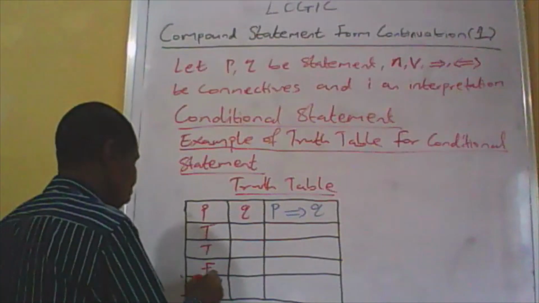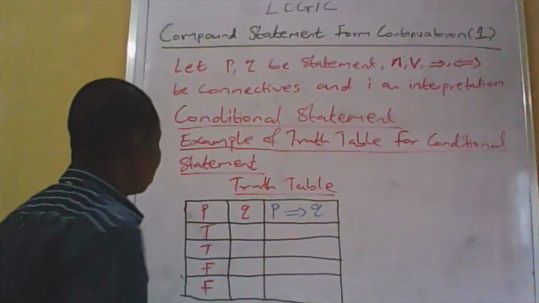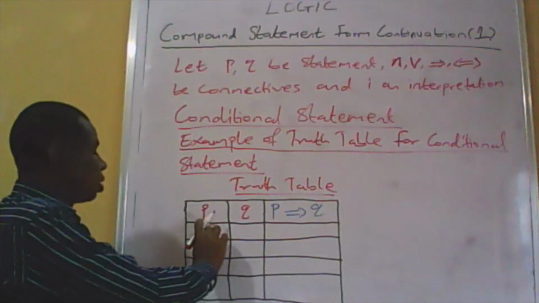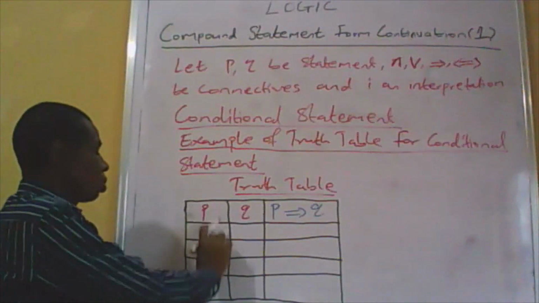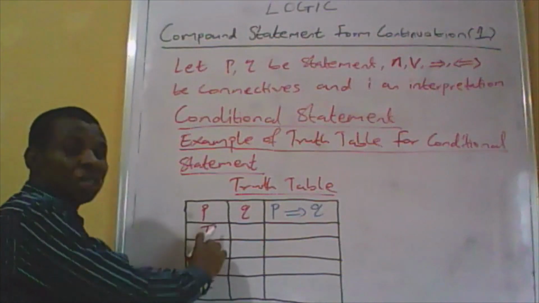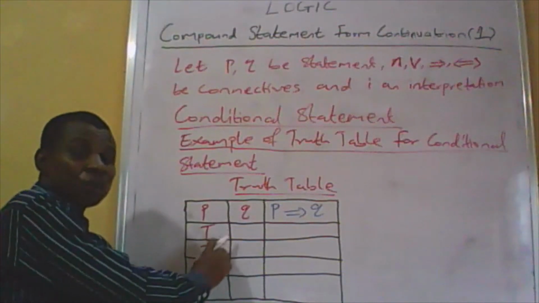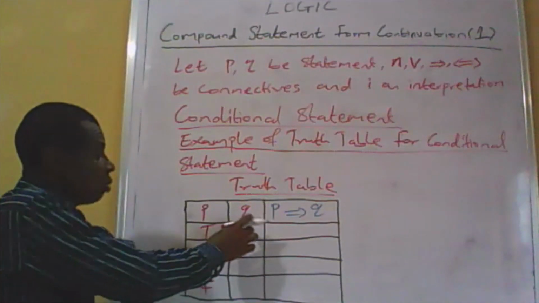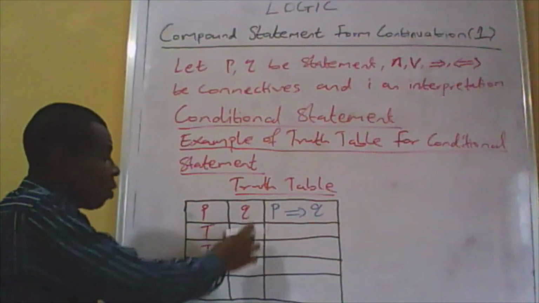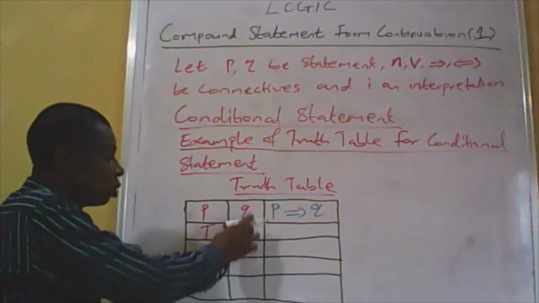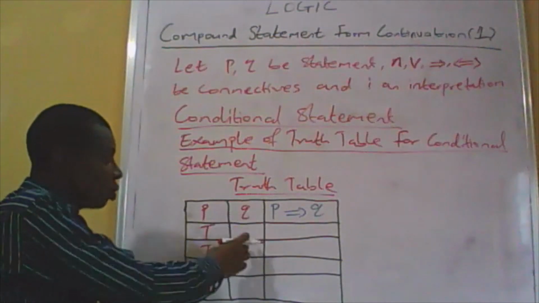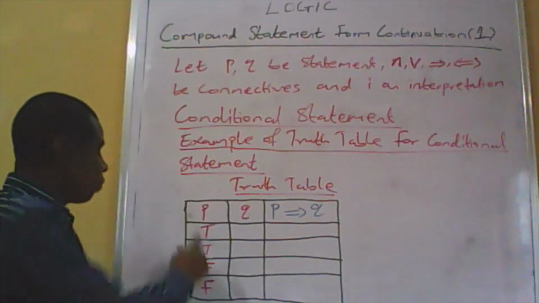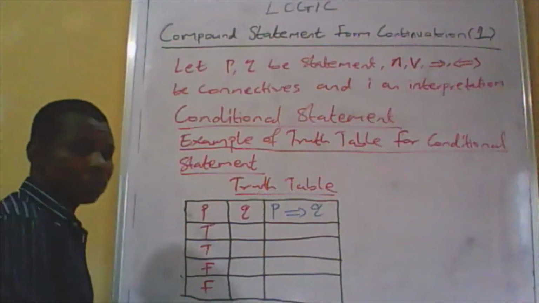F, F. Then we divide, since the 2 rows contain TT, we divide it by 2, so that we know how to insert our truth values to the rows under column Q. Now, 2 divided by 2 gives us 1.